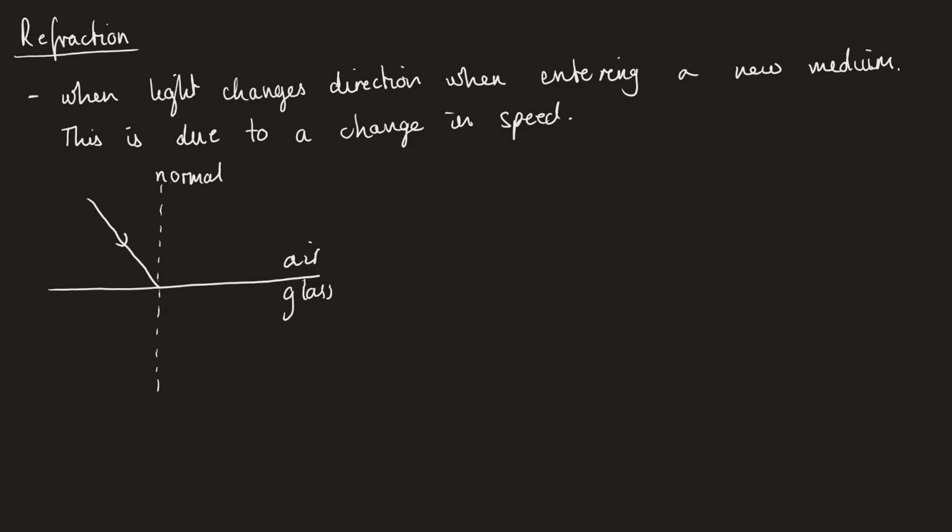And we know that if the light is coming in and it's going to go into glass, glass is obviously more dense than air, so we know the light is going to slow down, and if the light slows down it's going to then bend towards the normal here, okay? And this would be θ1 and this would be θ2.